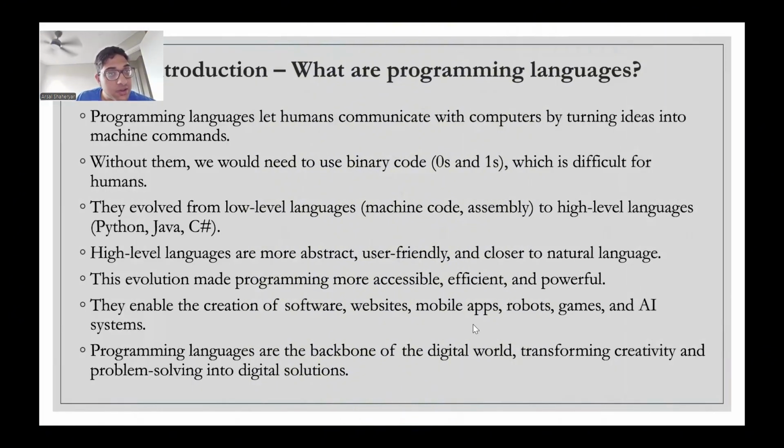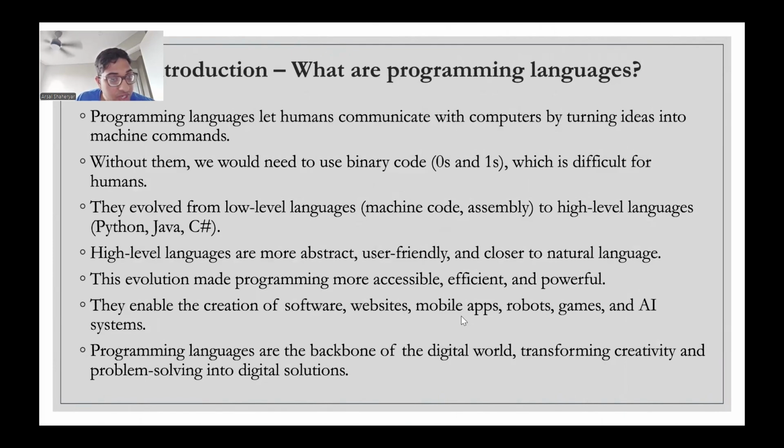Programming languages let humans communicate with computers by turning ideas into machine commands. Without them, we would need to use binary code, which is difficult for humans. They evolved from low-level languages to high-level languages. High-level languages are more abstract, user-friendly, and closer to natural language.